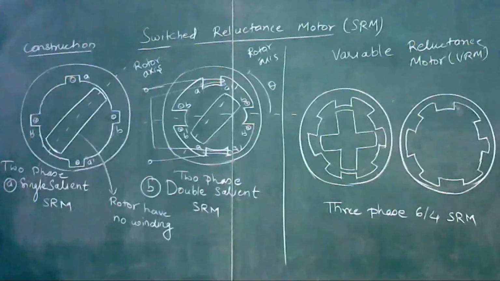So these are the two types of variable reluctance motor.